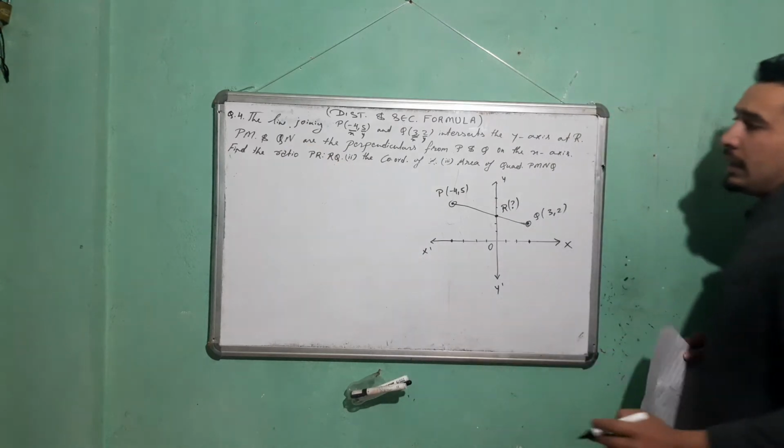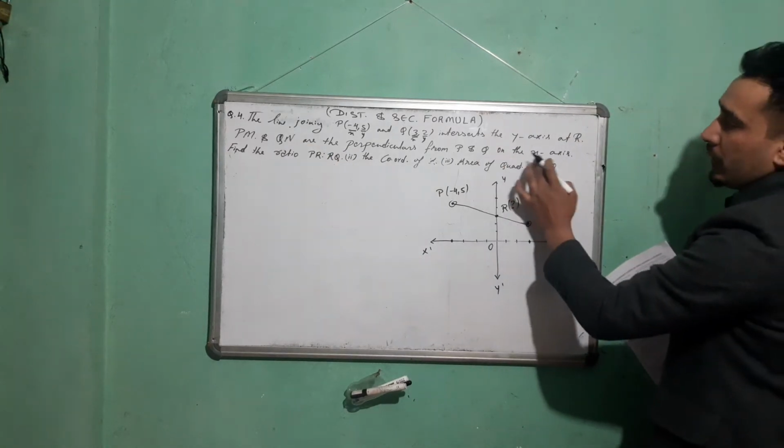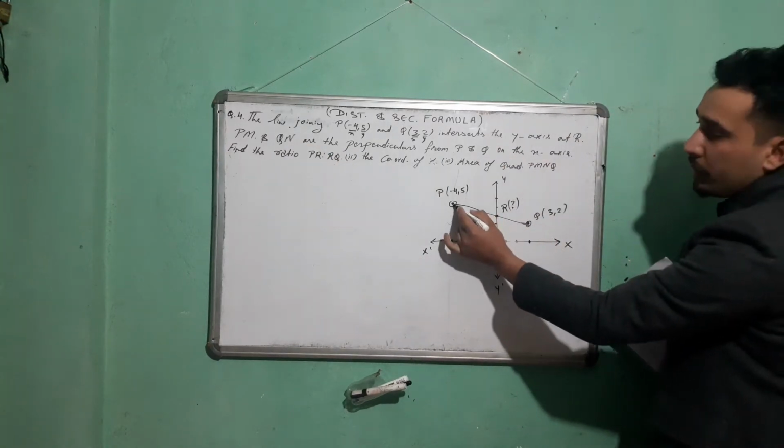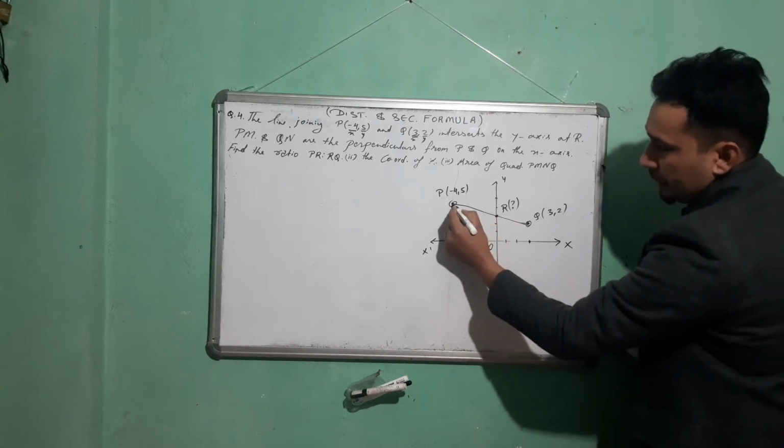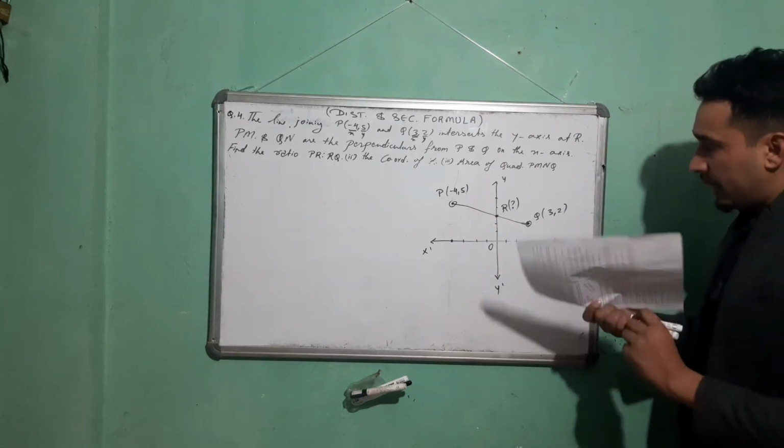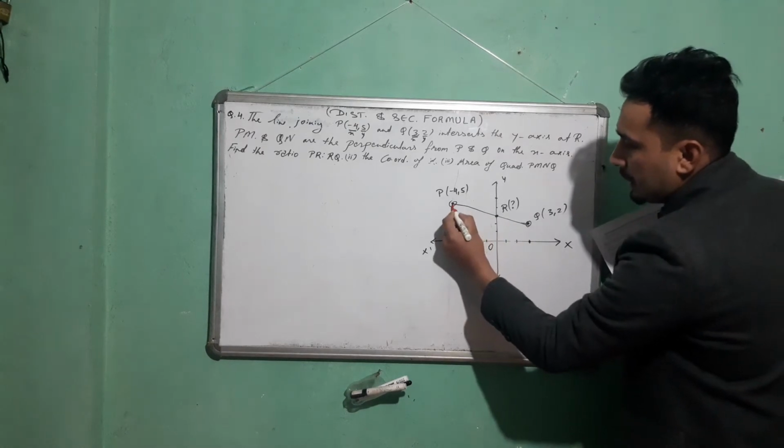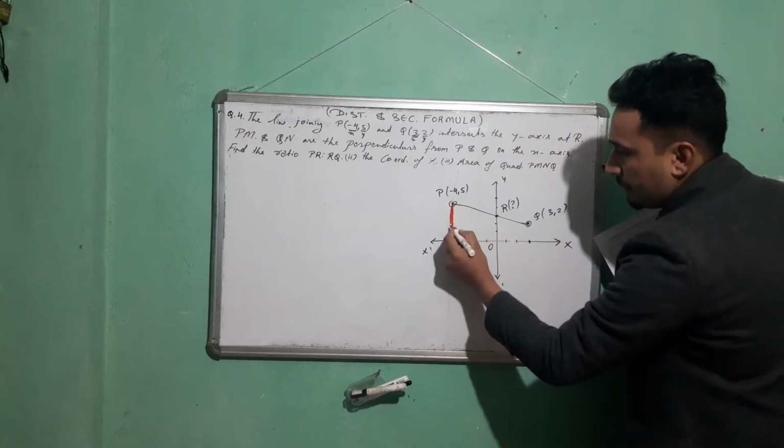PM and QN are the perpendiculars from P and Q on the x-axis. So from P you have to drop a perpendicular on the x-axis.